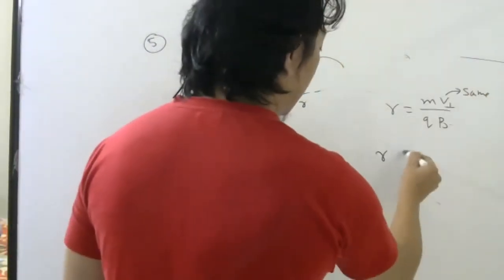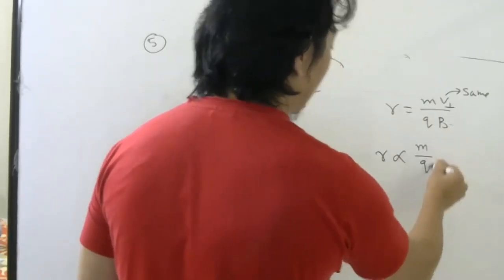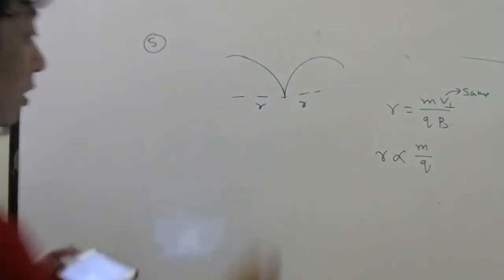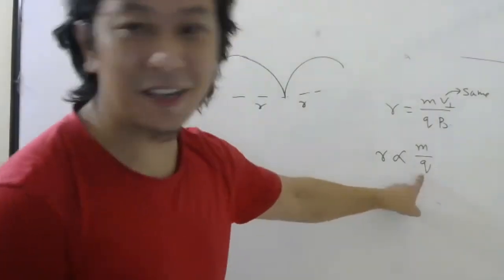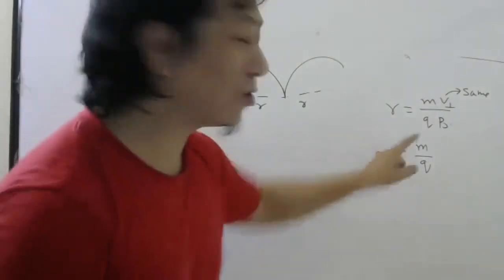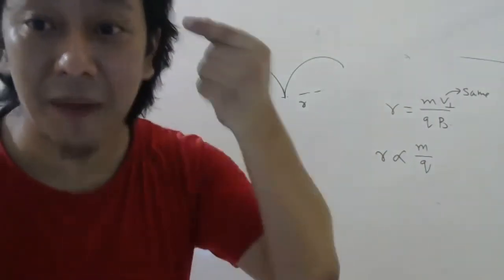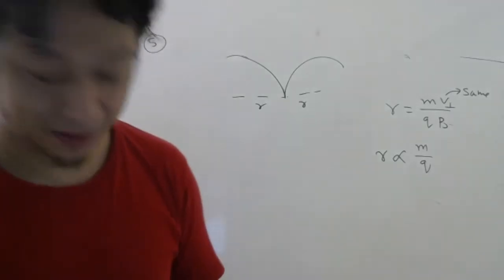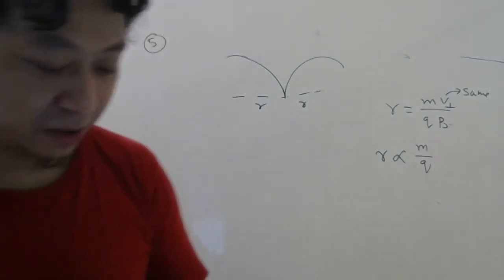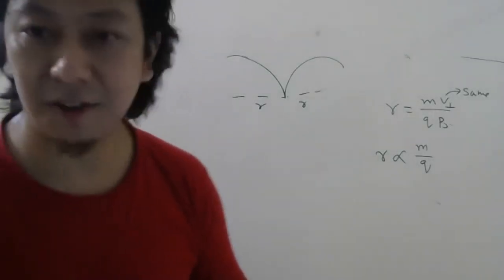So you can see the radius depends on what? Mass by charge. So in order for radius to be same, it is not necessary that charge should be same, and it is not necessary that mass should be same. It is necessary that mass by charge should be same. The first option says they should have equal z component of momenta.